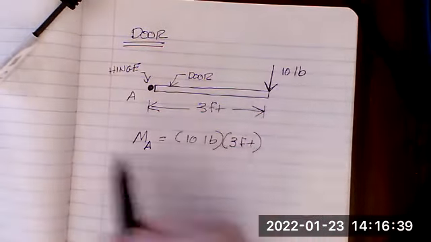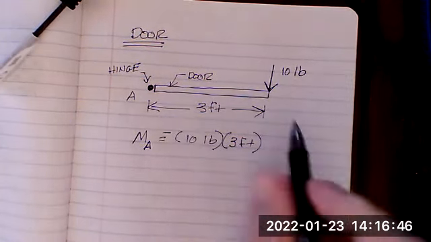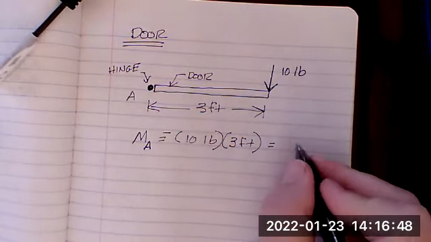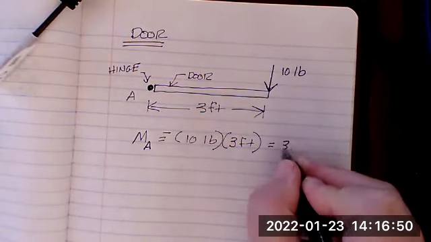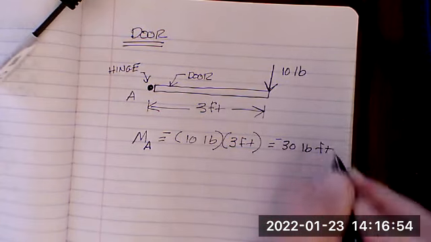And it's causing what? Clockwise rotation. So it's a negative here. So that's going to equal negative 30 pound feet.